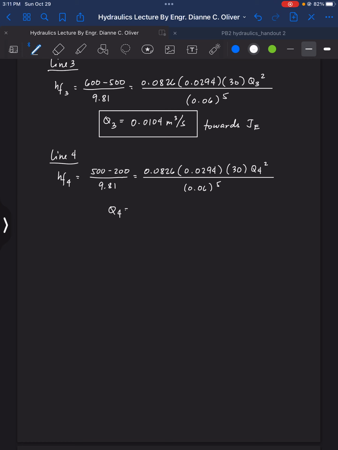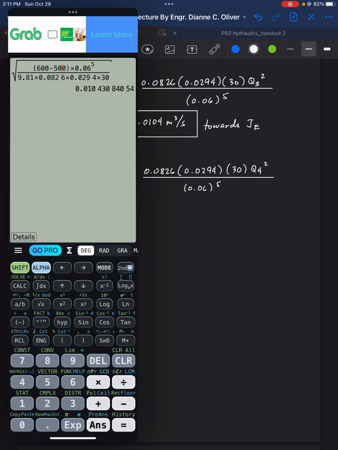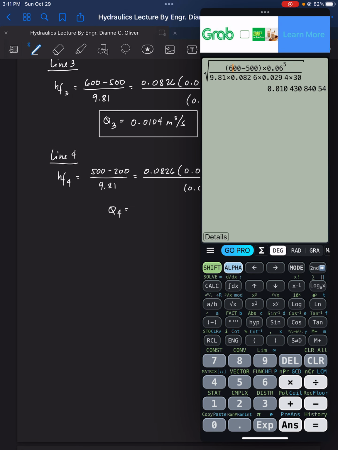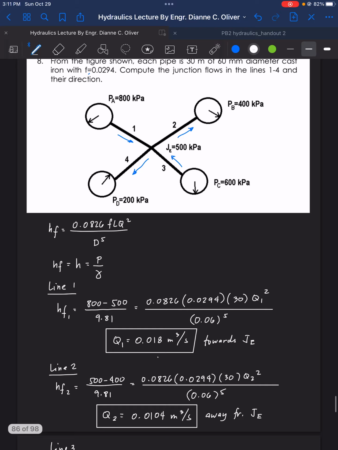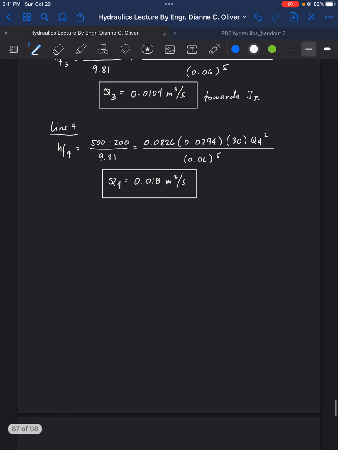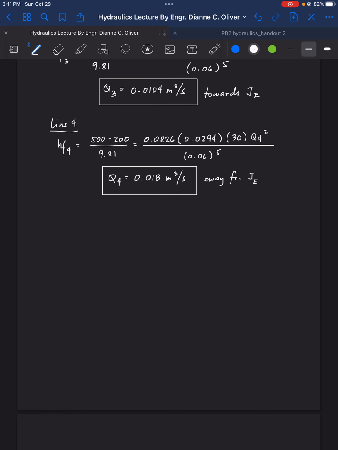So Q4 is equal to, from 500 minus 200, 0.018 cubic meter per second. And the direction is away from junction E.